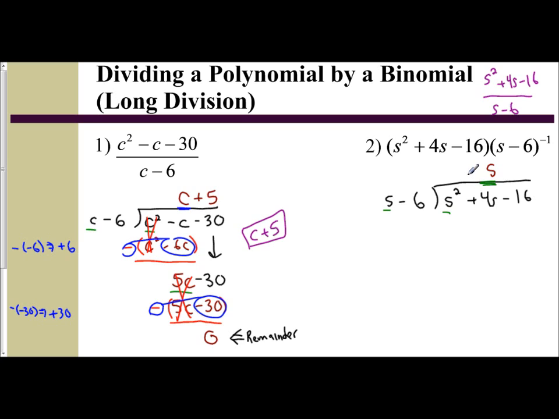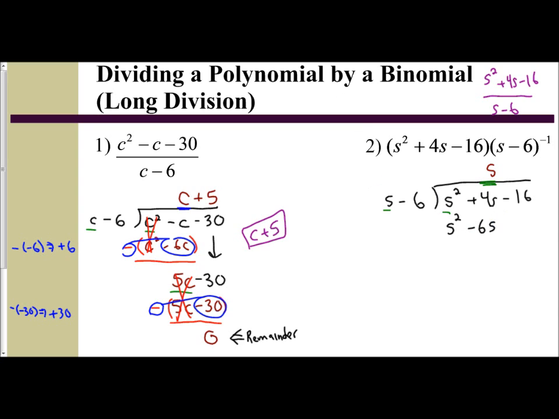It stays very organized that way. And you can see if you have the right expression, the right variable or number in the correct spot. And so you distribute s times s is going to give me s squared. And remember, your first number should always match what's above it because you're trying to eliminate it. S times -6 is -6s.